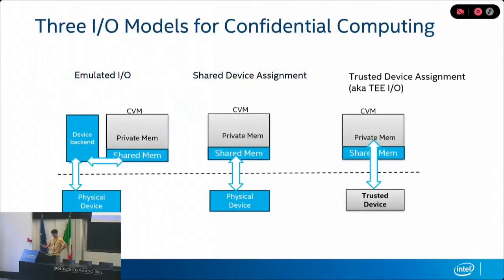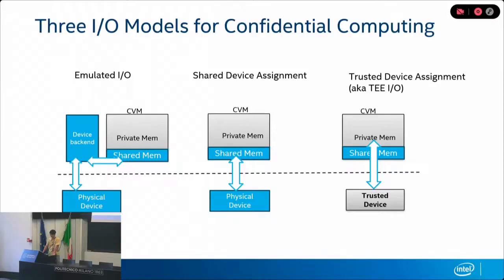So to further illustrate shared device assignment, we can look at 3 different IO models for confidential computing. On the left side is the emulated case. In this case, you generally have a device backend in the user space. It will emulate MMIO and DMA from the confidential VM.